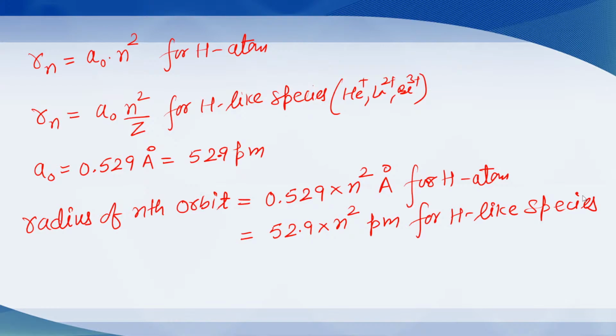And for hydrogen-like species, we divide by Z. So this is all about Bohr's theory.